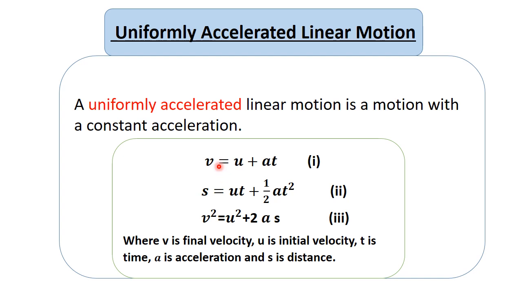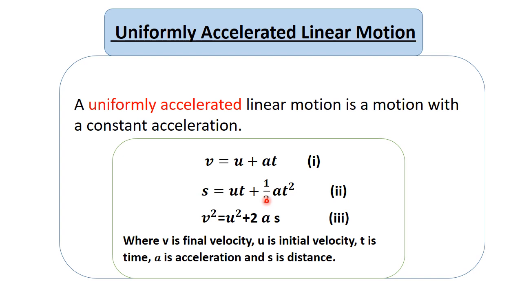And note that you can use this equation to find initial velocity, acceleration, or time. You can also use this equation of motion to find distance, or maybe to find initial velocity or time and acceleration. For example, if you have been given a question which says a car had a displacement of 10 meters, and it accelerated at 5 meters per second squared.